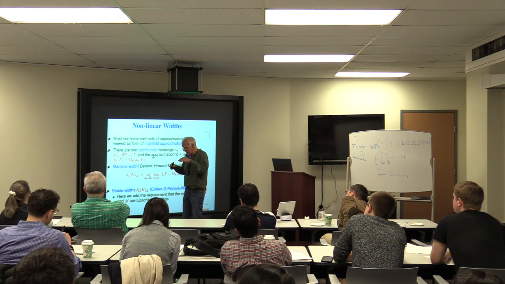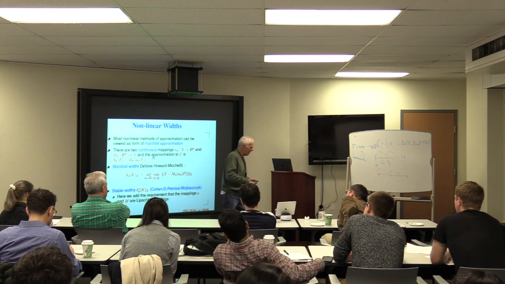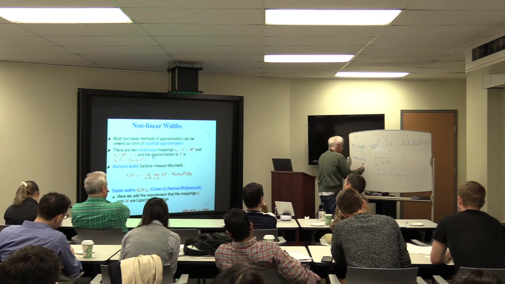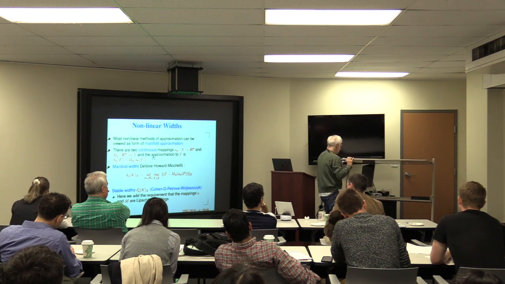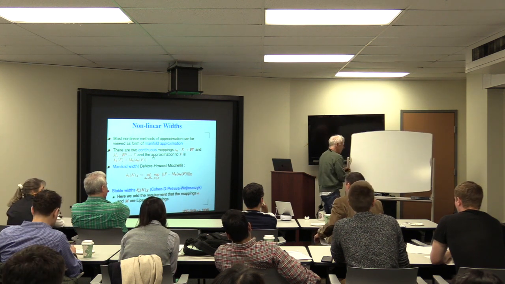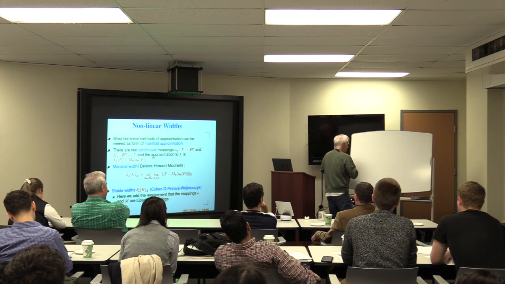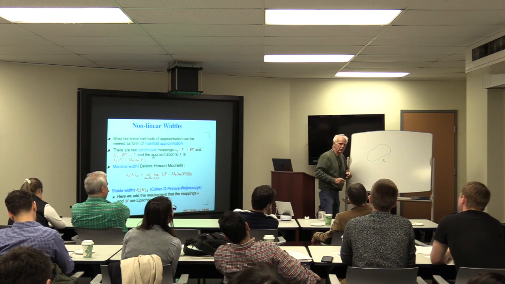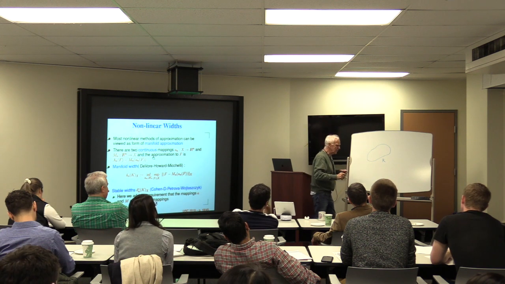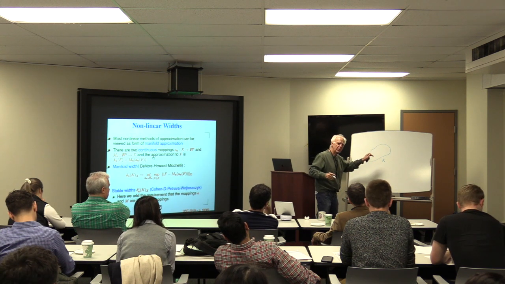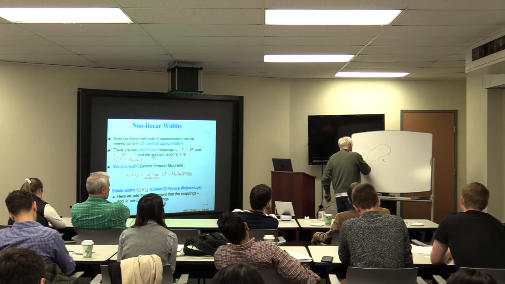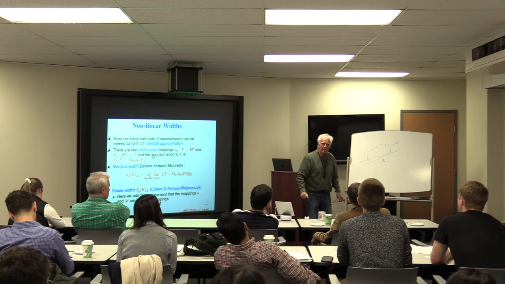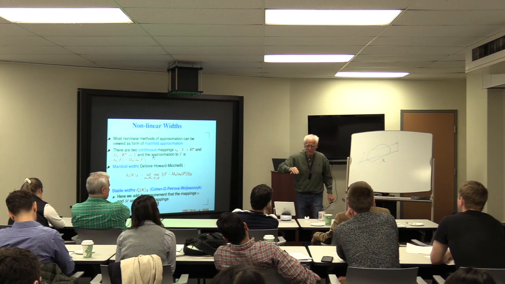It may be helpful to draw a picture here. So if this is my set K, and if I were doing linear widths, I would say I can use a linear space to approximate K. So a linear space would be like a hyperplane, actually, right?